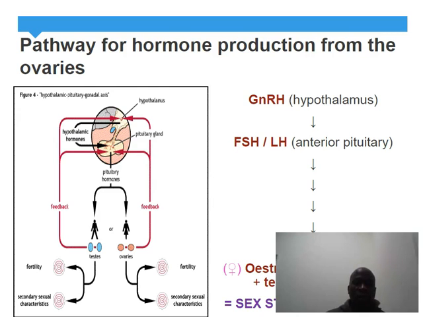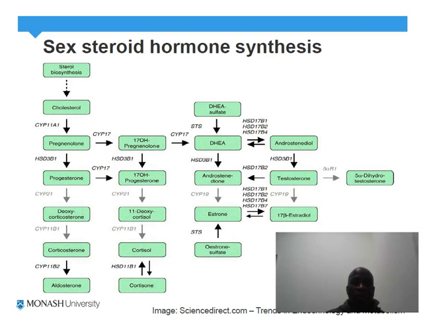for example, development of hips, etc. Okay, now this slide shows the biochemical pathways of sex steroid hormone synthesis. So there are a number of enzymes and hormones that are responsible for the final production of the sexual hormones.